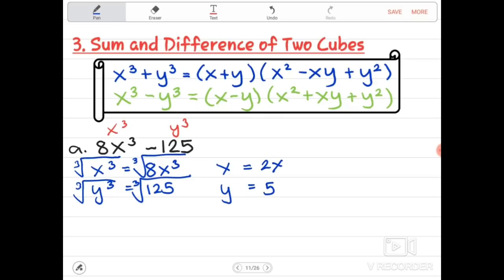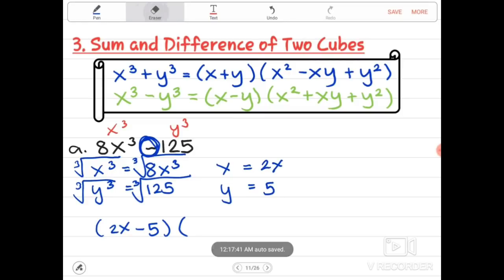So, saan natin siya i-substitute? Titignan nyo lang dito guys yung formula, yung operation sa gitna. Ang operation natin is minus. So, dito tayo sa color green kasi minus. Substitute na natin. So, we have, ano yung x? 2x minus 5 times, so yan, may squared kasi tayo eh.